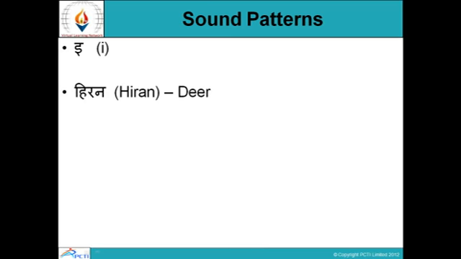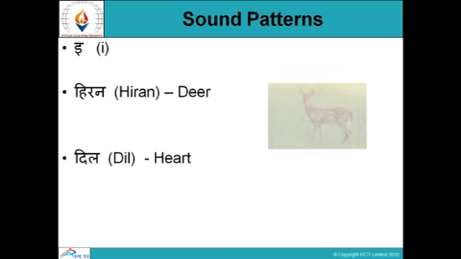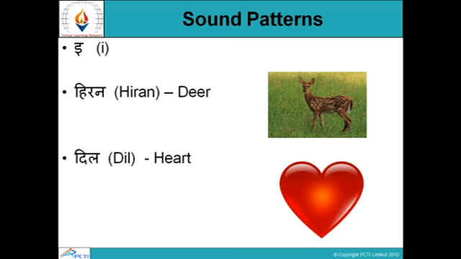Few more words with this sound pattern. Next word is hiran. Hiran is what? Deer. You must have seen this animal. It's a wild animal usually found in jungles. It's a herbivorous animal, usually hunted by carnivorous animals like tiger and lion because it has soft skin and flesh.